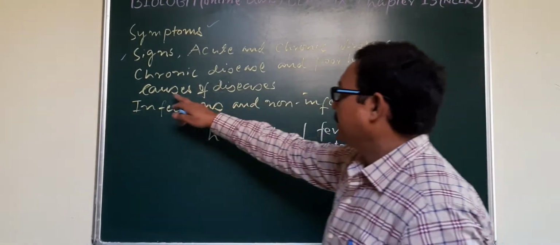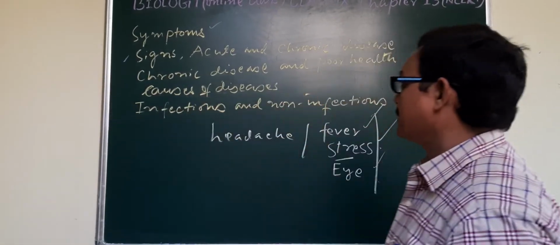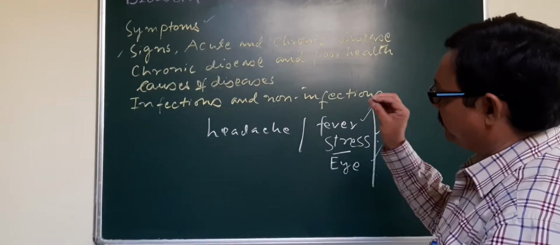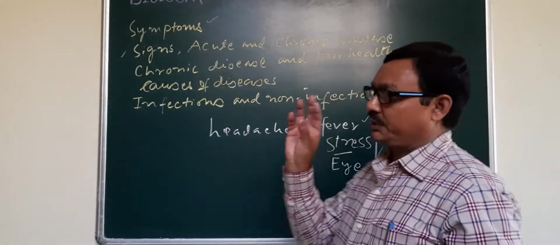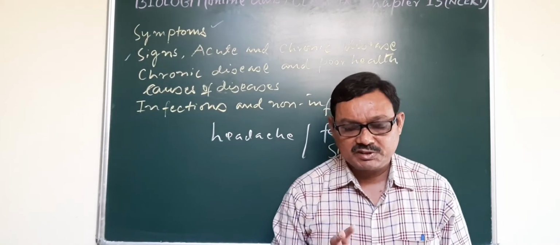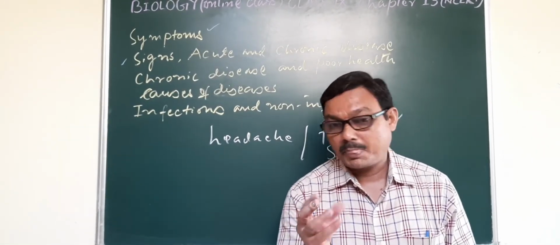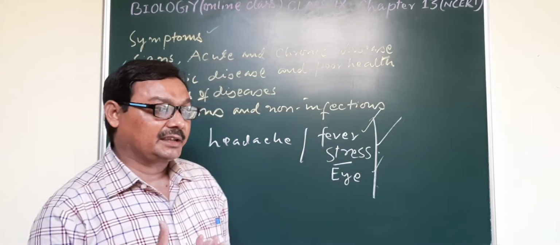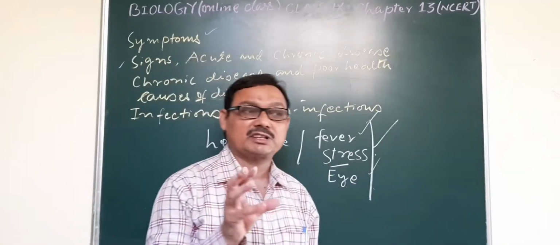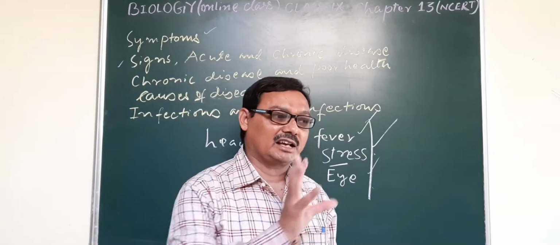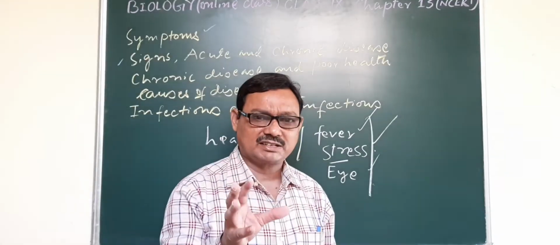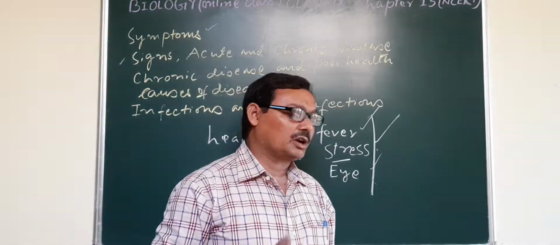Here the next point is the causes of the disease. While we are searching for the causes of the disease, there are some possibilities like immediate causes, that is, due to some biological factors like the pathogen or other factors. That is known as the immediate cause of the disease.